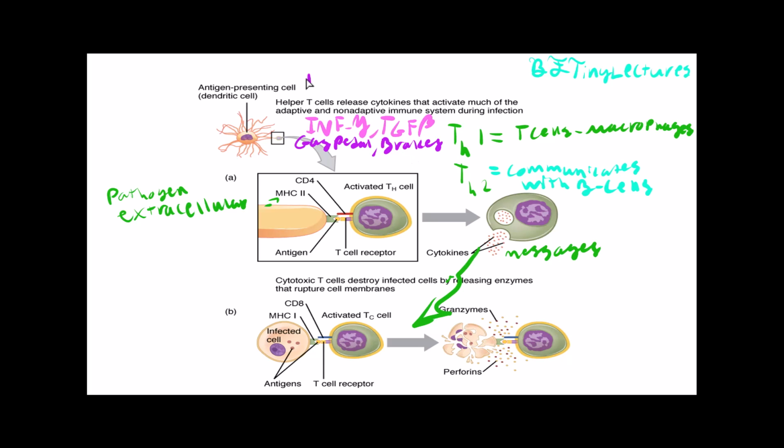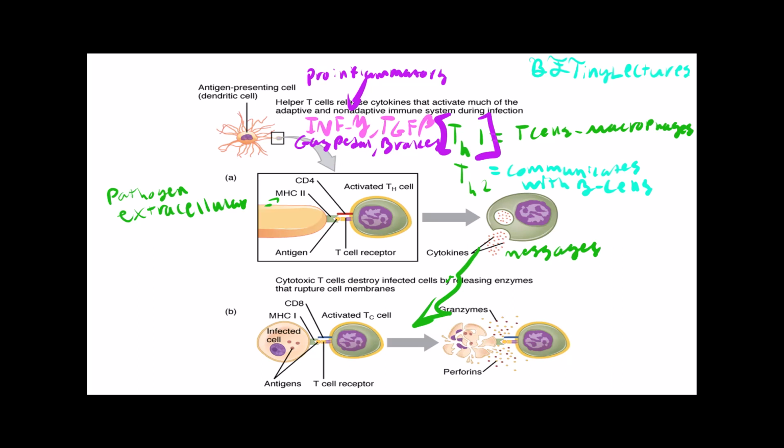So this guy right here, interferon gamma, is going to be pro-inflammatory. And these are going to be secreted by T helper 1 cells. And they are special types of cytokines.